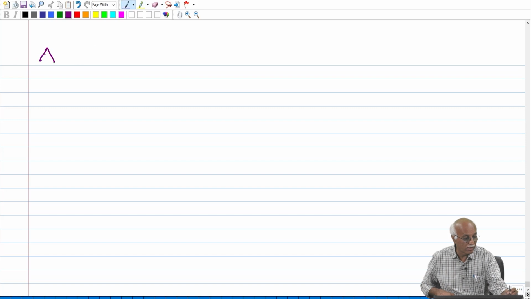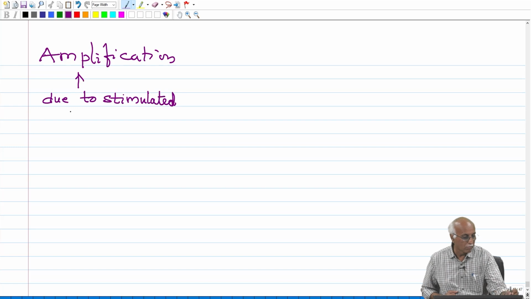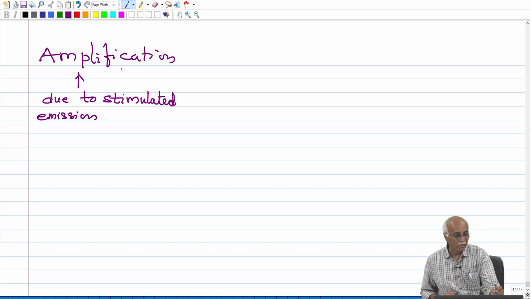So, for light amplification, of course, amplification is due to stimulated emission of radiation. Correct, and for this amplification to be achieved, we need population inversion.